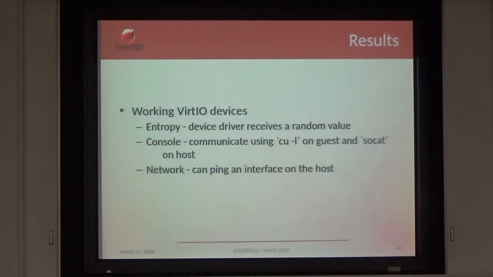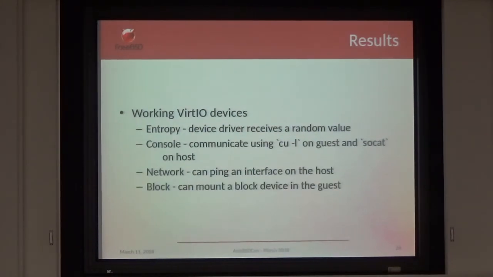The network device works, and I can ping interfaces from the host from inside the guest, and the block devices also work, and I was able to mount a device that was also mounted on the host, provided via a VirtIO block device.